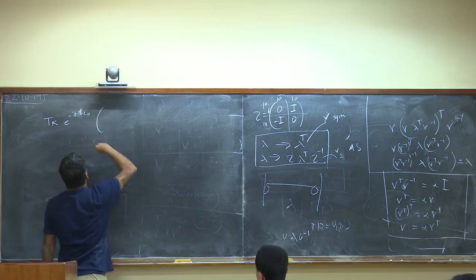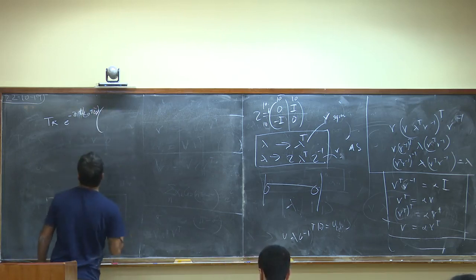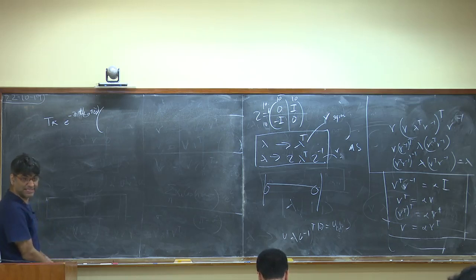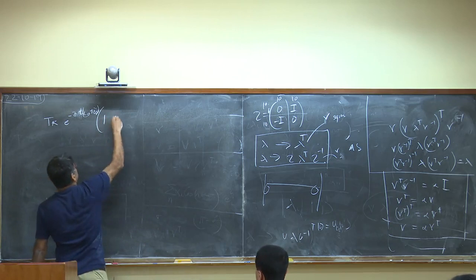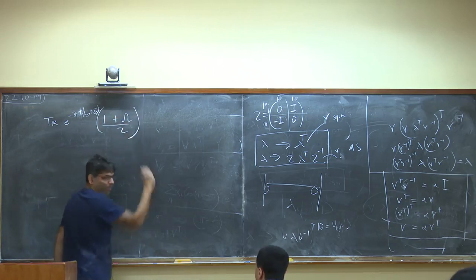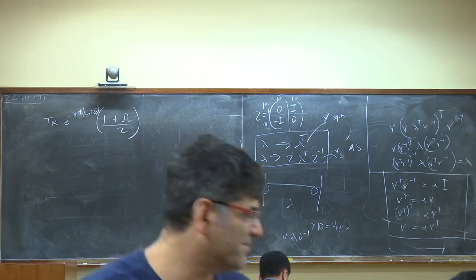When we computed the open string, what did we call it? 2 pi t. So we want the trace of e to the power minus 2 pi t (L0 plus L0 bar), but with the insertion of (1 plus omega) over 2, where this omega action we now understand.